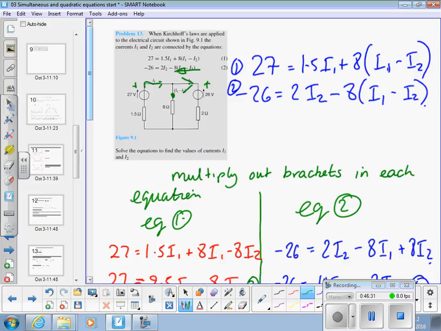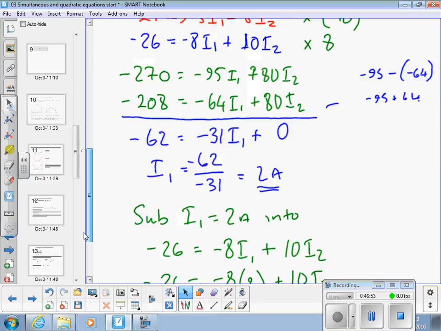But to formulate those two equations in the first place, you'd need to pick a current direction. And what you would normally do is say which way it's going by convention, and then if you end up with a negative, that means it's actually going the other way.